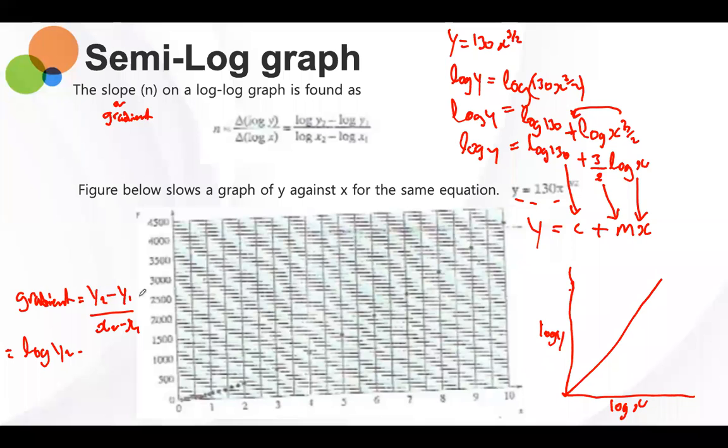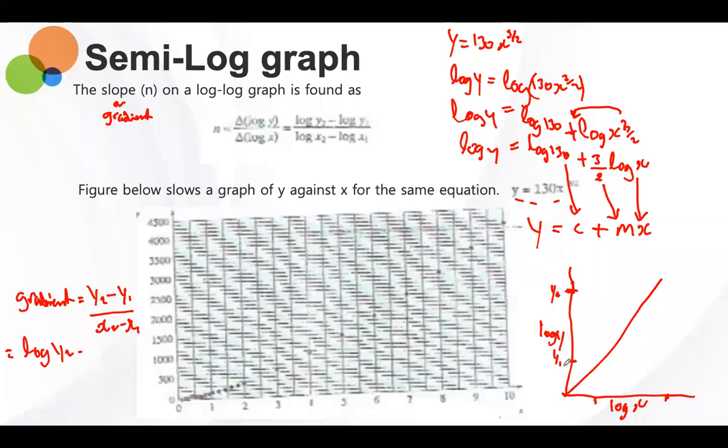We have y2 and y1. So we have y2 up here, y1, and down here we have x2, x1. All right, is that better?